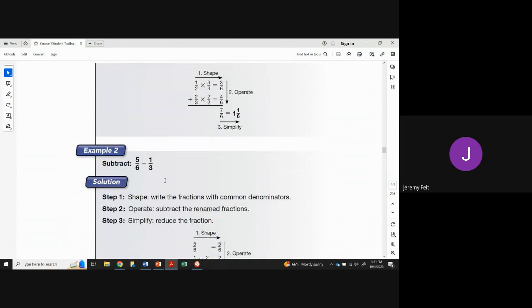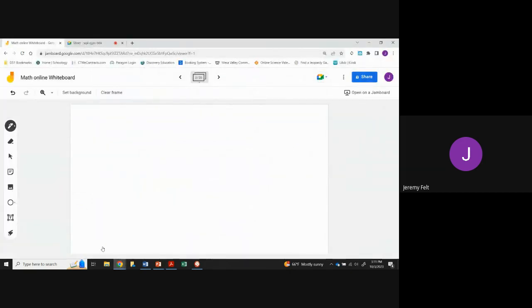Okay, for subtracting, again, we need common denominators. So again, this is where I said I don't love the method of multiplying the denominators, because 3 times 6 is 18, but that's not the least common denominator. We have 6, 12, 18, but then 3, 6. Oh, so this one we just need to change.